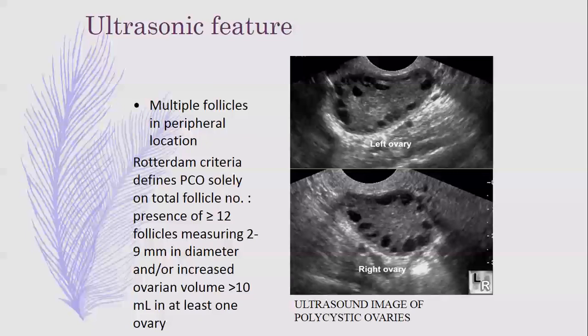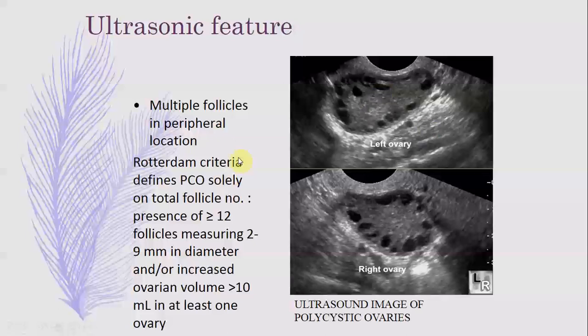To look for the ultrasonic features of polycystic ovary syndrome, we will send the patient for ultrasound. We will see that the patient has multiple follicles in the periphery of the ovary. We can depend on only one ovary; not both ovaries need to have the same. It may be enough to look at one ovary and she has that criterion.